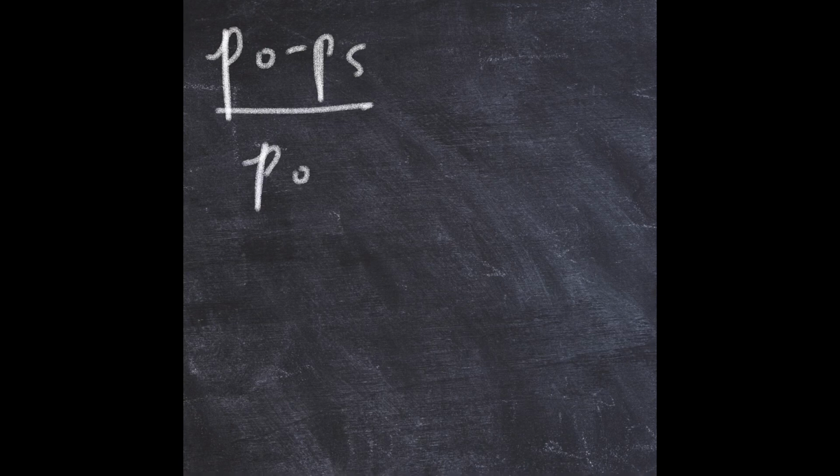So we can say P0 minus PS upon P0 is equal to small x upon small x plus capital X.